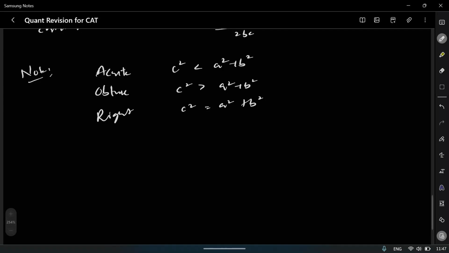And now let's discuss some properties of a right angle triangle and its altitude.